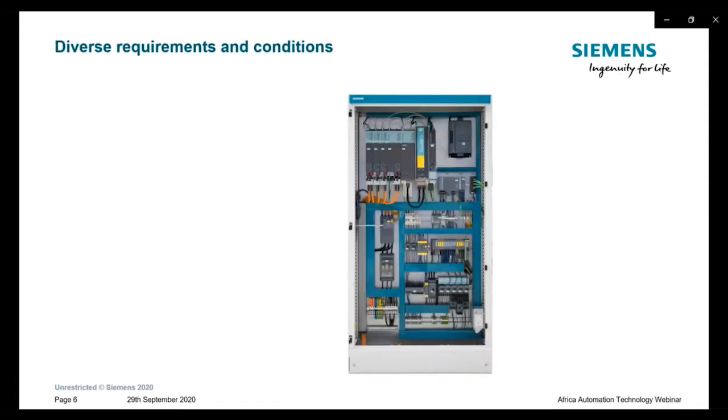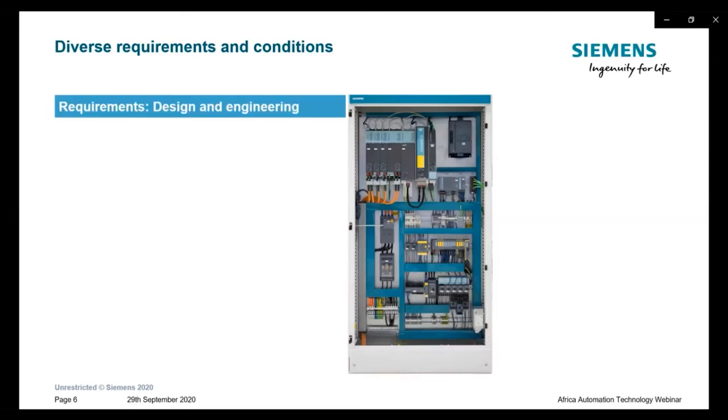To answer all of these questions and many more, the reasons are different. At first, let's have a look at the requirements when designing and engineering the equipment. But questions and requirements may also come from the company itself. Companies could be different.